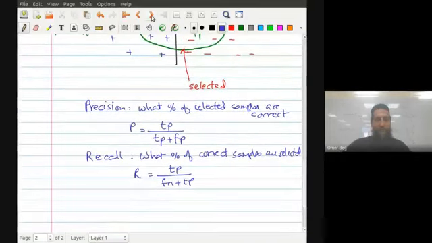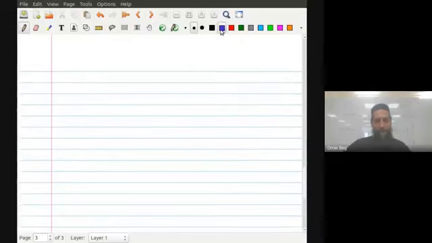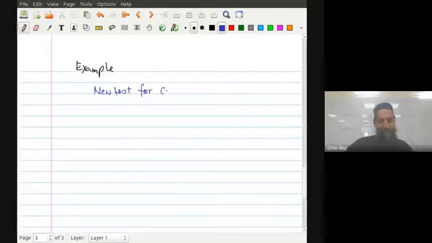So let me do an example for you. Let's say there is a new test for the coronavirus, and we want to figure out how accurate this test is.